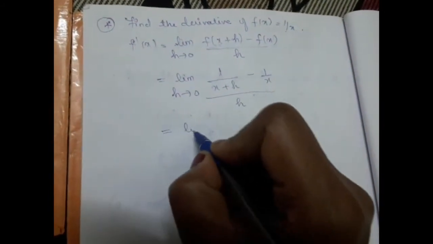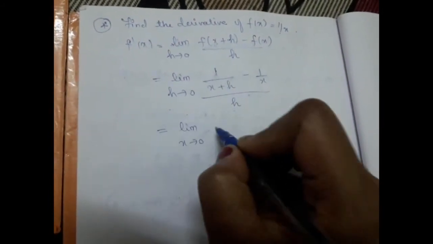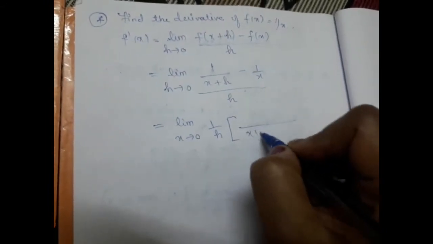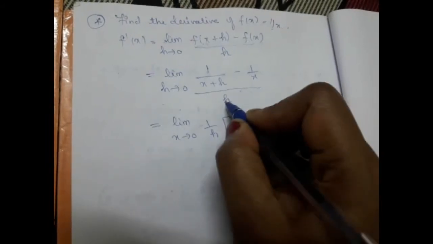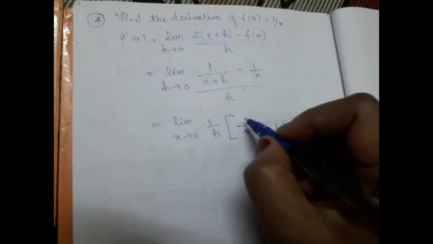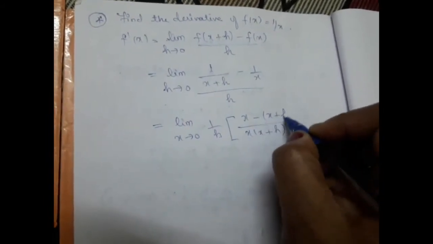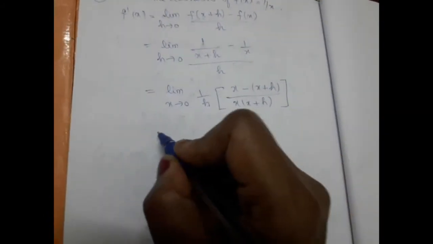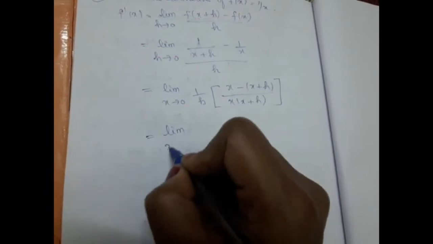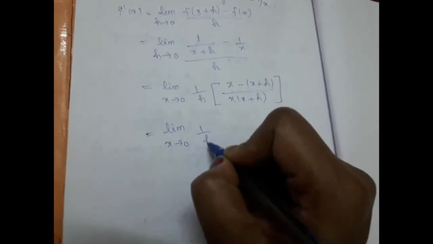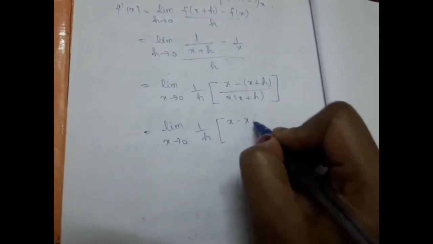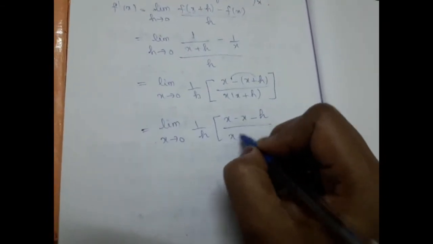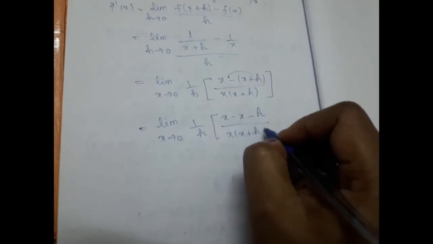So which is equals to limit x tends to 0, 1 by h. We have to take LCM, right? X into x plus h. This 1 by h I have written here. So x minus of x plus h. I have cross multiplied since we have taken LCM, which is equal to limit x tends to 0, 1 by h, x minus x minus h. We are removing the brackets, divided by x into x plus h.